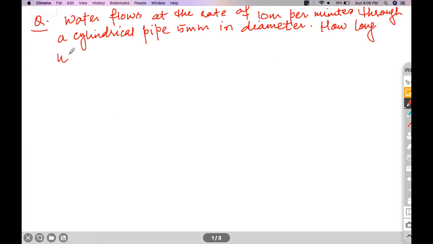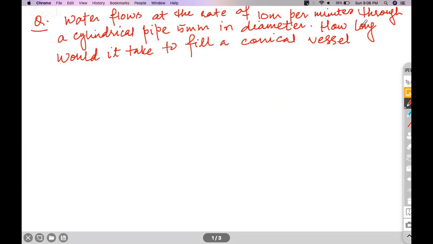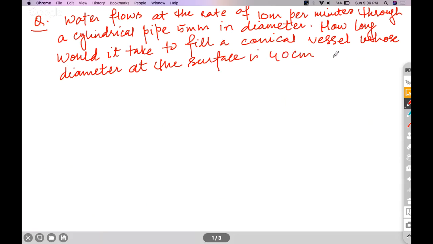How long would it take to fill a conical vessel whose diameter at the surface is 40 centimeter and depth is 24 centimeter?